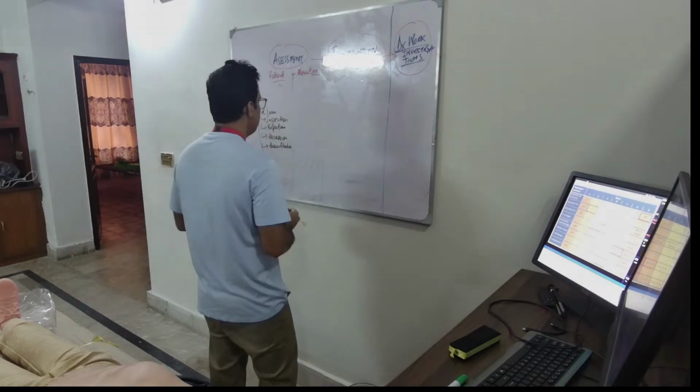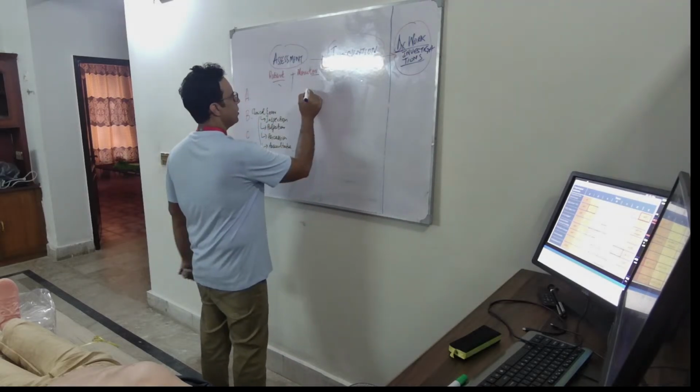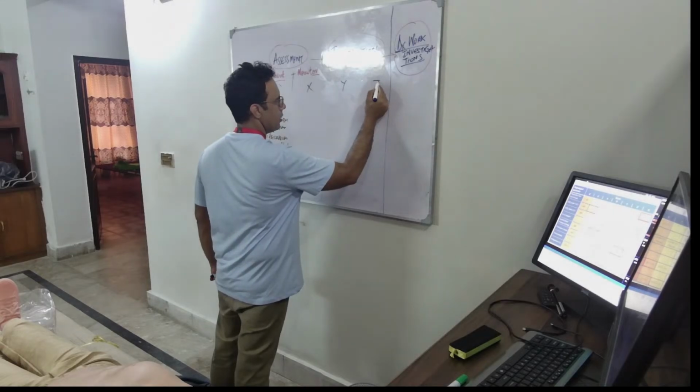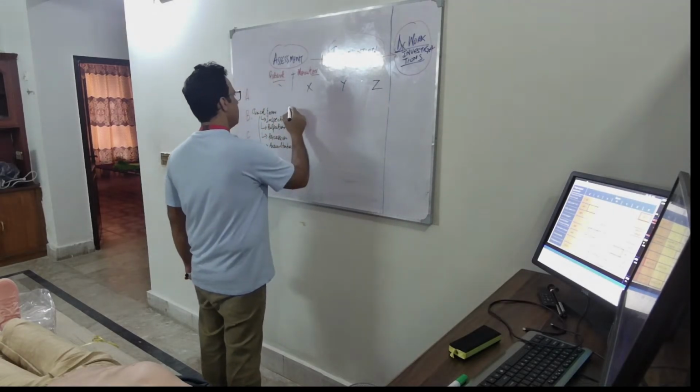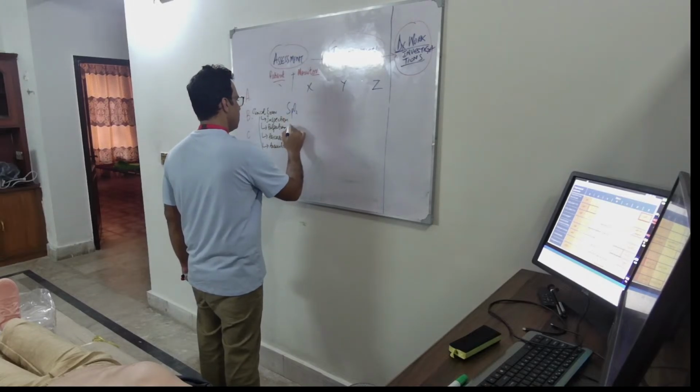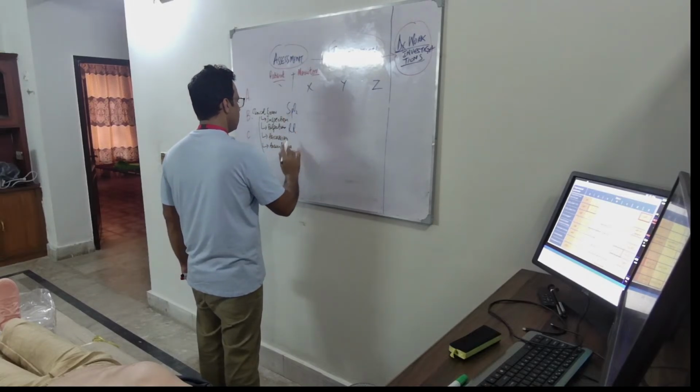I will just show you a few examples of how ignoring one number can impair your assessment. Say for example, we have a patient called Mr. X, Mr. Y, and Mr. Z. SpO2, respiratory rate, and then supplemental oxygen dose.